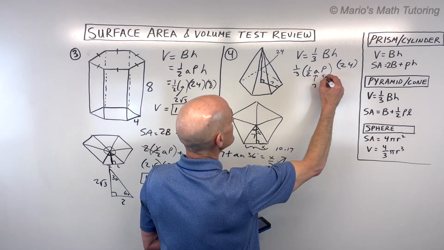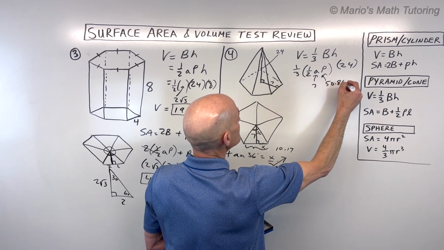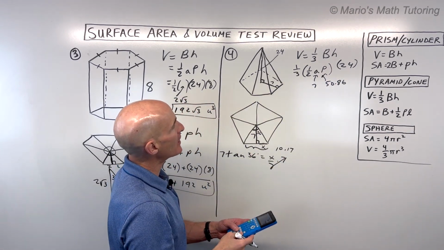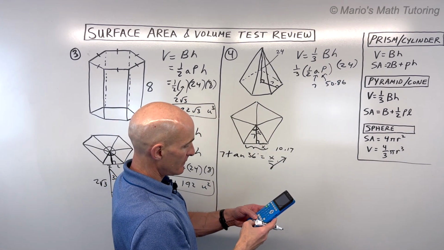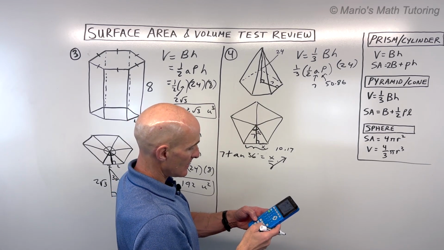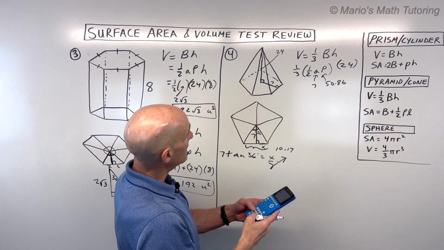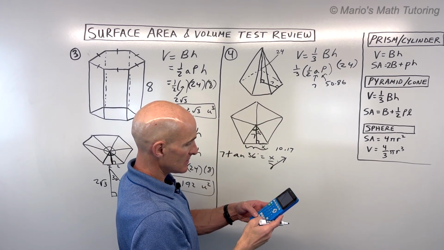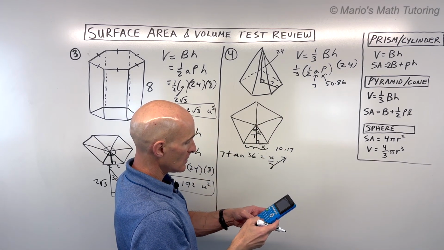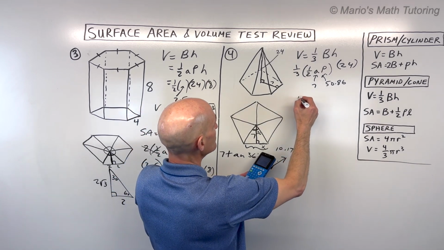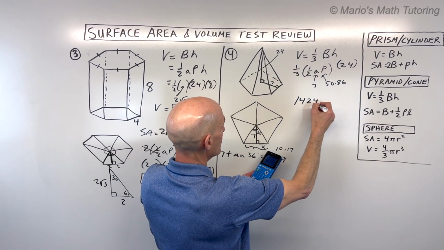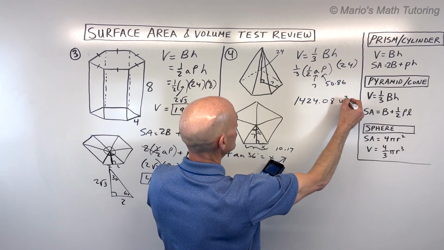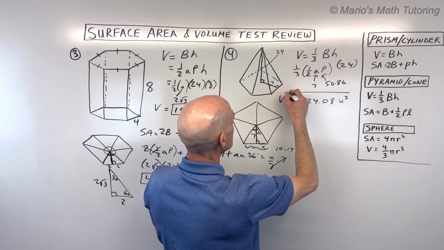So that's this perimeter right here, 50.86. Okay, so if we multiply that together, we get 50.86 times 24 times the apothem, which is 7, times 1/6, gives us approximately 1,424.08 units cubed. That's our volume.